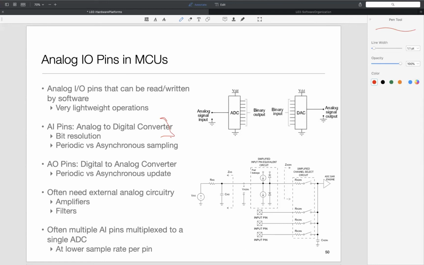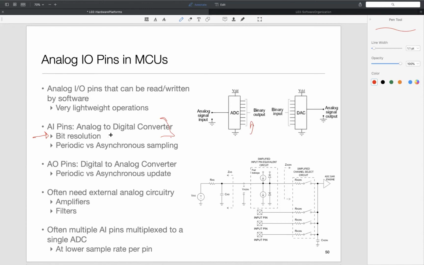And when you are dealing with analog, unlike digital, where you just have a 1 or a 0, you also need to worry about the number of bits in which you are going to digitize the signal. So you have the analog input coming in, and then a certain number of bits going out.